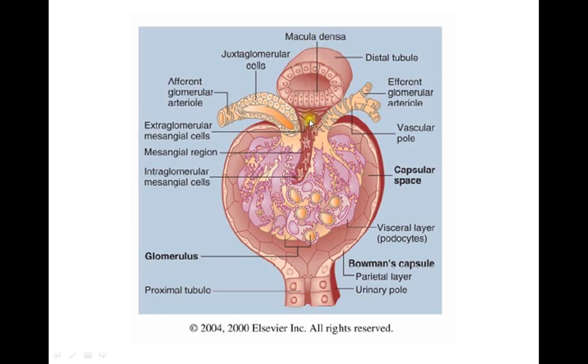We have another type of cells known as mesangial cells. Part of these mesangial cells are located outside of the glomerulus, so they are named as extraglomerular mesangial cells, and some of them are inside the glomerulus, so they are intraglomerular mesangial cells.